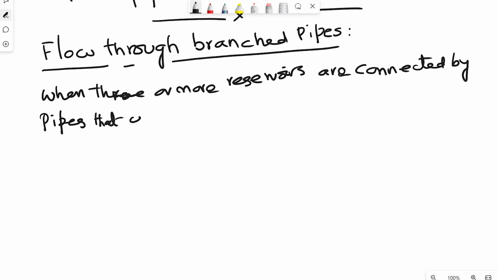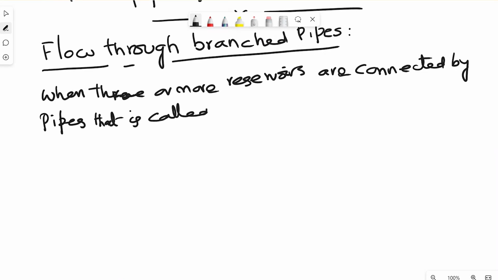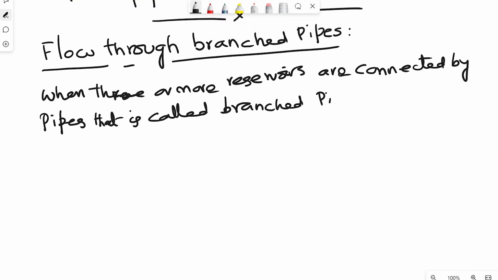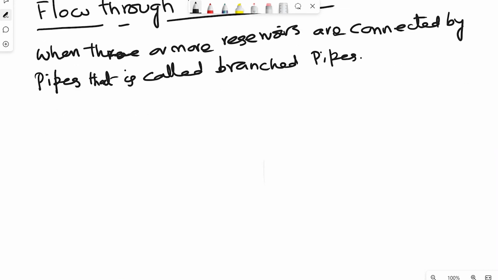That is called branched pipes. What is the meaning of that?